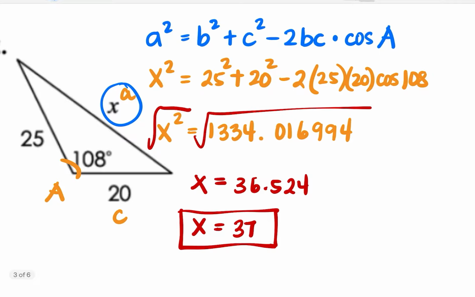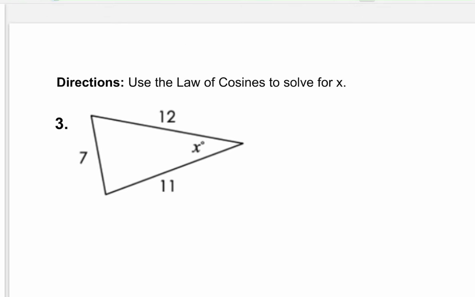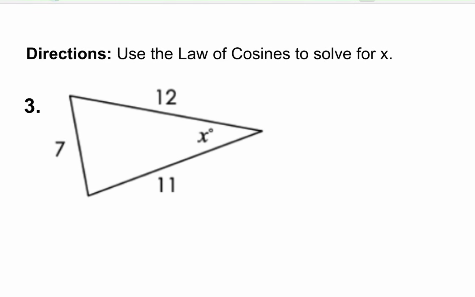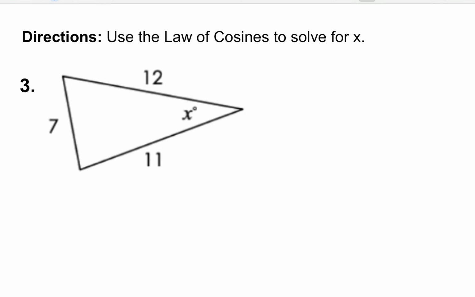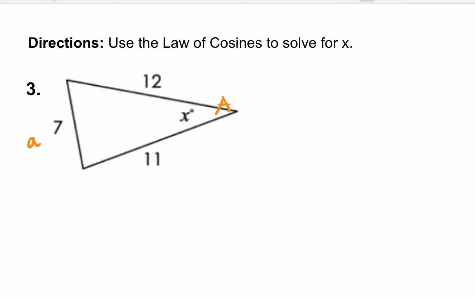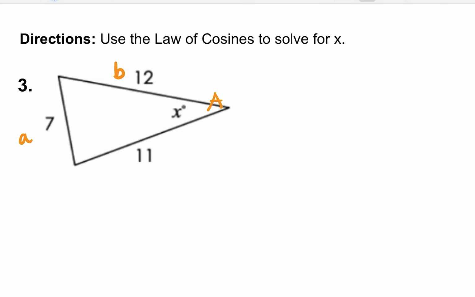All right, let us try and find, this time, the missing angle. First, we're going to label the given information. We have a missing angle again, so I'm going to name this my A, and its corresponding side is my little a. I want to make my 12 as b and 11 as my c.